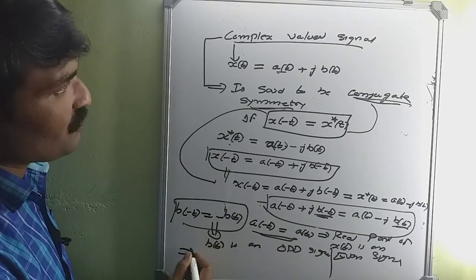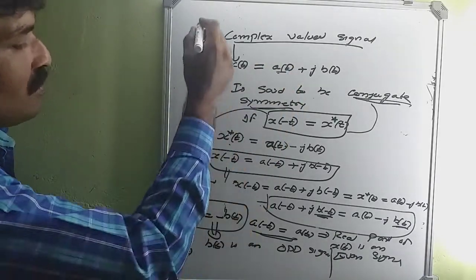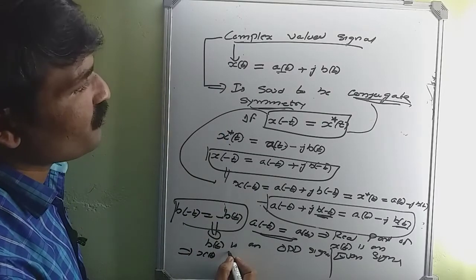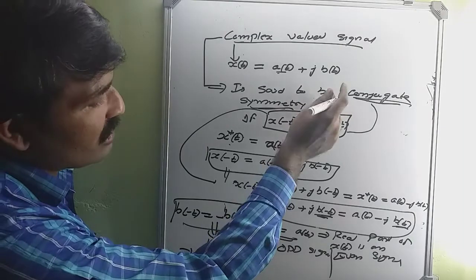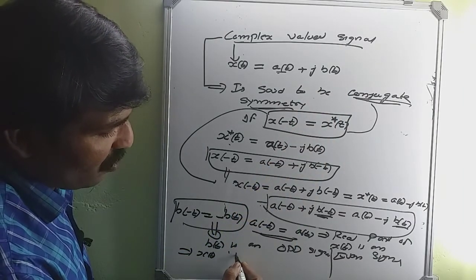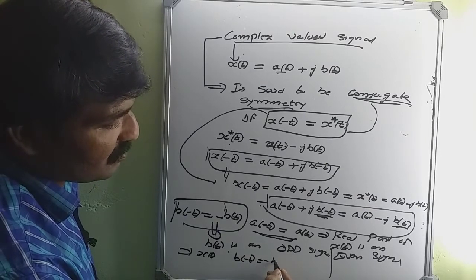That implies x of t is said to be conjugate symmetric if b of minus t is equal to minus b of t.